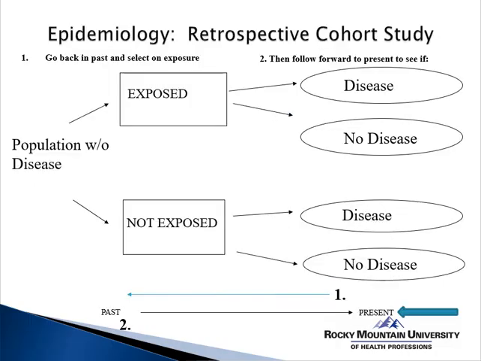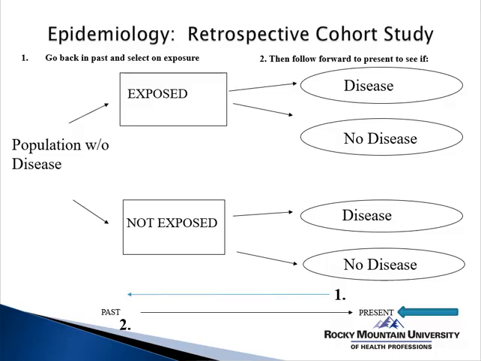So what does a retrospective cohort study look like? It looks similar to a prospective. If you didn't look closely at the slide, you'd say, wait a second, that looks like a prospective cohort study. But the difference is, here we're in the present first. That's number one. We're in the present. We don't know the proportions yet. But what we do is we then go back in time.